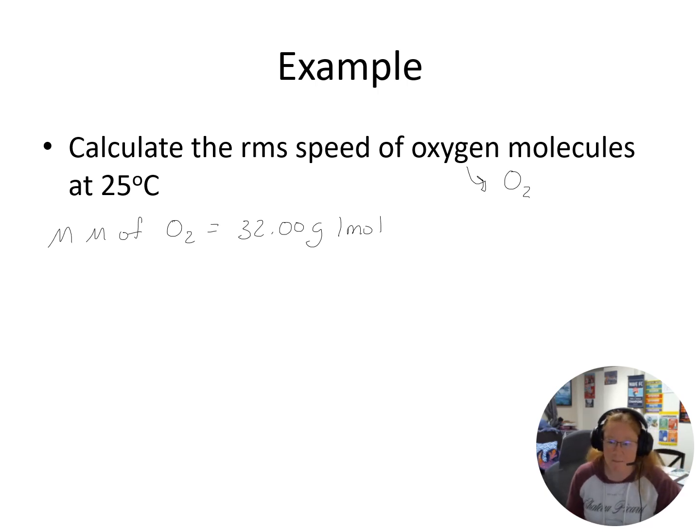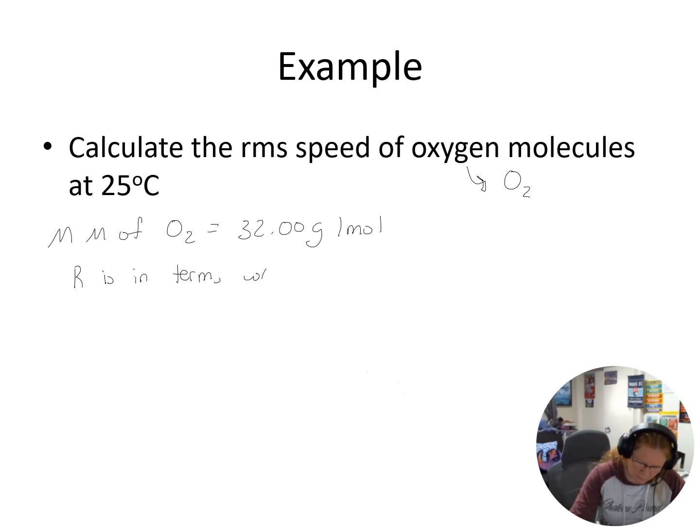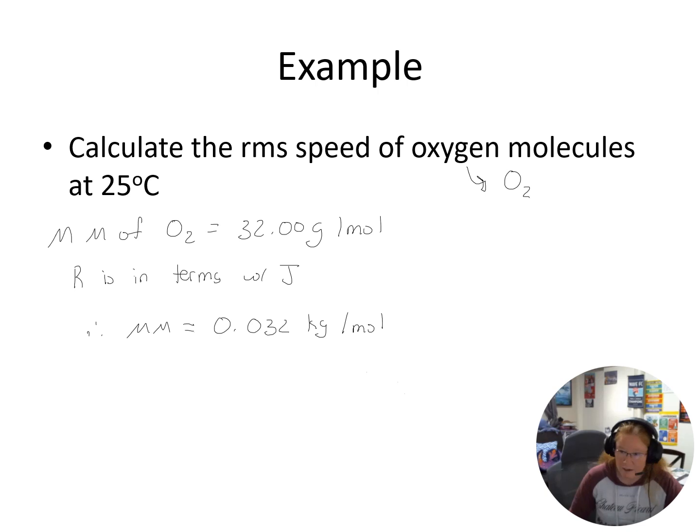But remember, because R is in terms of joules, which have kilograms in them, molar mass has to be in kilograms. So I'm going to get 0.032 kilograms per mole.